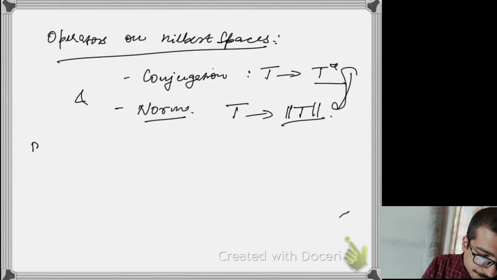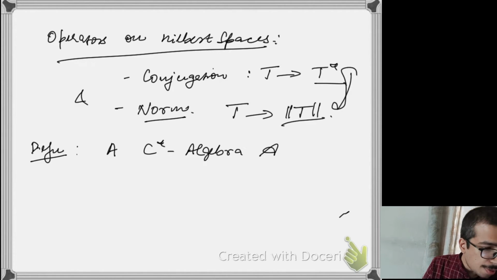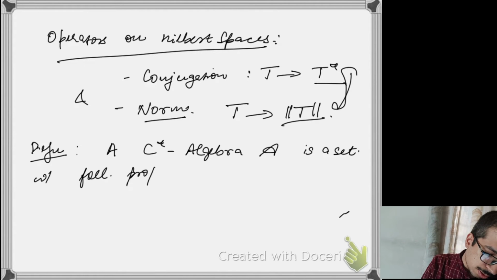So formally, a C-star algebra A is a set with the following properties.